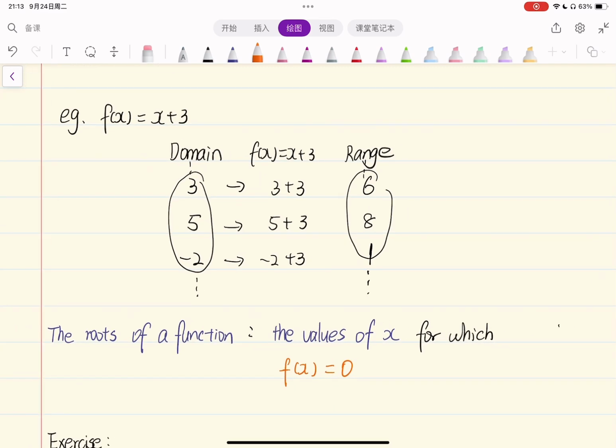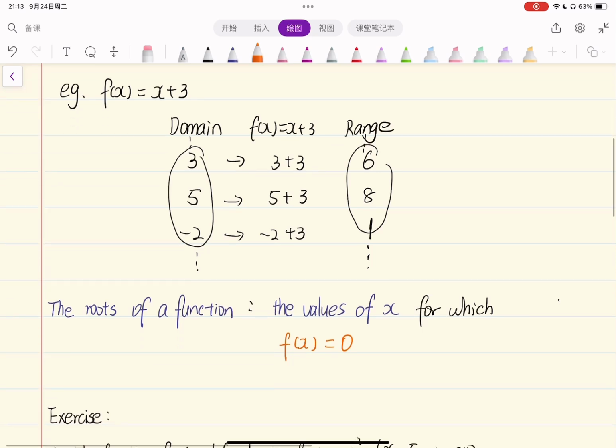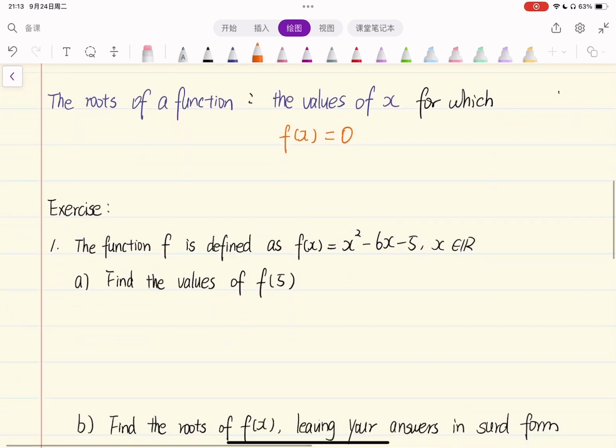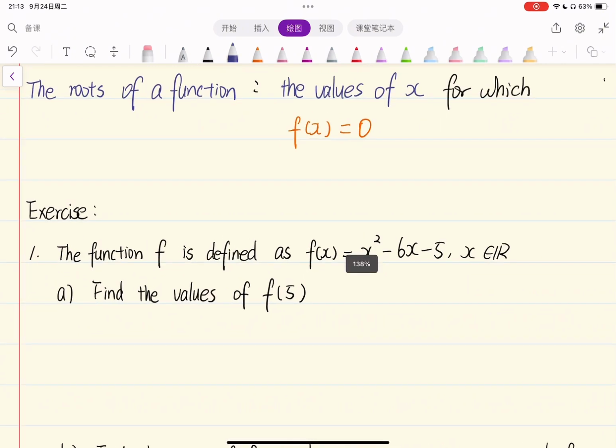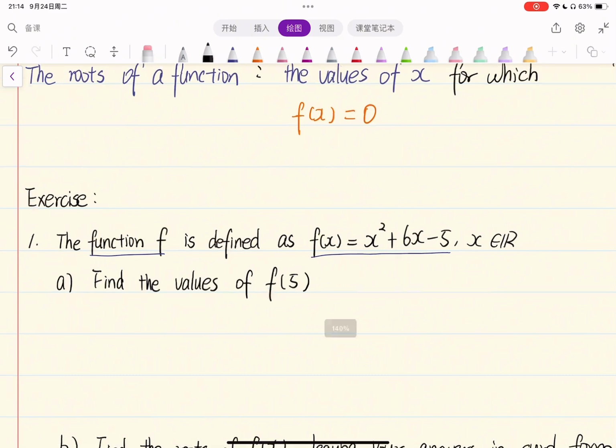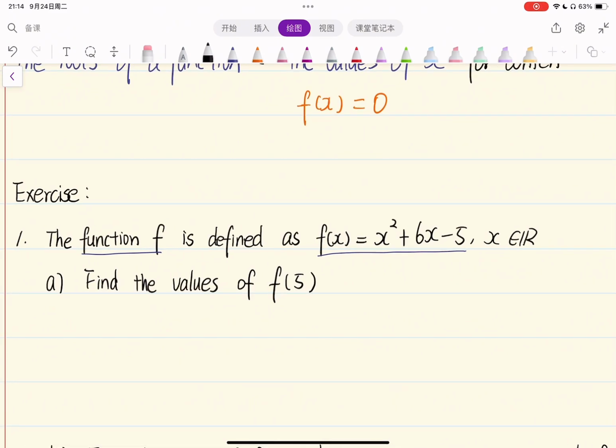Now let us see some questions as an example. For the first question, we have the function f defined as f(x) equals x squared plus 6x minus 5, and x are real numbers. Now the question asks you for the value of f(5).